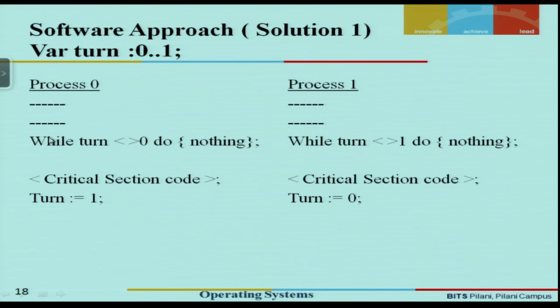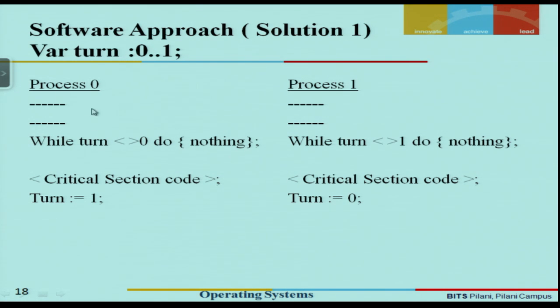Whenever any one of the processes wants to access the critical section, it comes and checks the turn variable. We can say that there is a blackboard on which the turn is initialized, so in the beginning the turn is initialized to 0 or to 1.